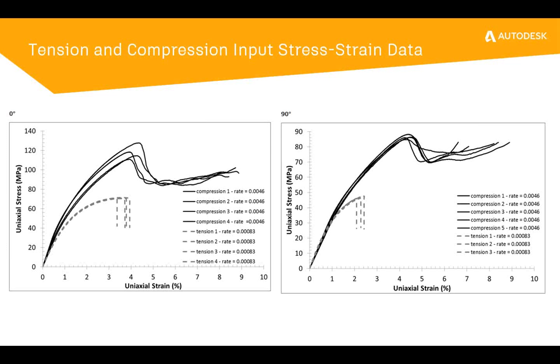We get the peak stress and we get a drop, but it doesn't drop to zero, because when we fail in compression, the failure mechanism is different. Even though the plastic material is failing in compression, we're still able to hit a load plateau, and we can extend out to a very high strain level, 9% in the 0-degree direction, and looks like about between 7 and 9% in the 90-degree direction.